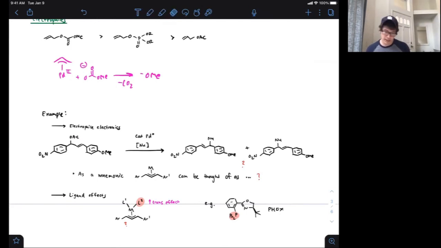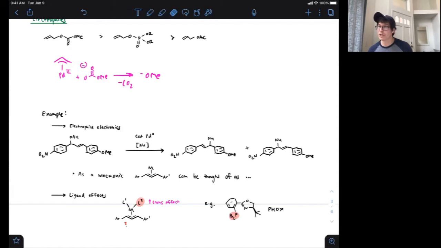Okay, and now let's come to this question, which echoes some of what Dan was asking, some of what Noor was asking. So we've talked about the effect of ligands and how the trans influence can bias the site that is preferred for nucleophilic attack.